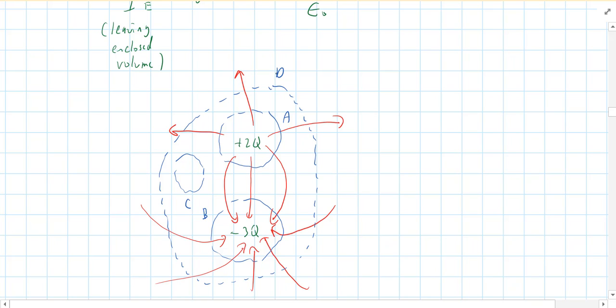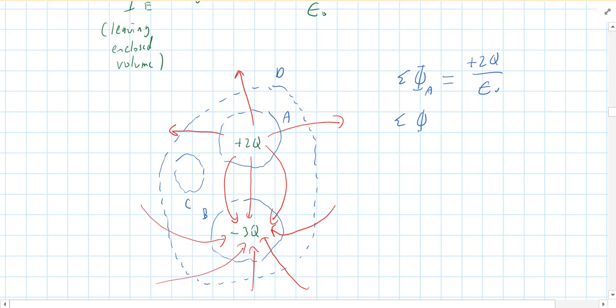I just want to know the net flux leaving each of those surfaces. The net flux leaving surface A would simply be Q in over epsilon naught. What's the total charge inside surface A? It's positive 2Q, and then you just divide that by epsilon naught. It's positive because you have field lines leaving that surface.